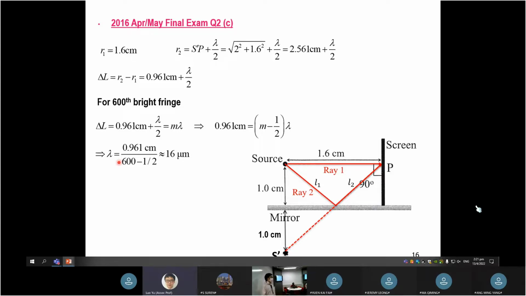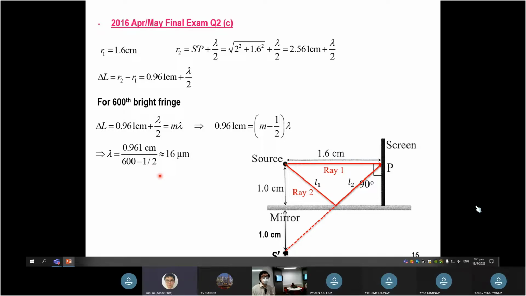Okay. So that's, as I said, the calculation. If you forget to add this half lambda, you will be deducted. So putting in a half lambda is worth 2 marks. If you directly use R2 minus R1, then divide by 600, without subtracting this 0.5, you will be deducted 2 marks out of the 5.